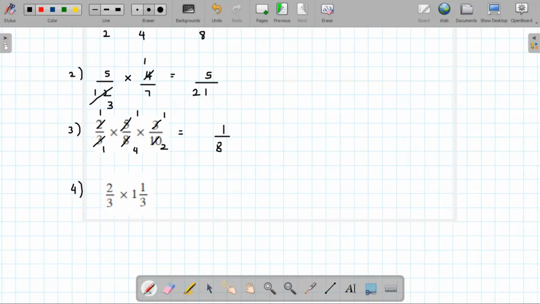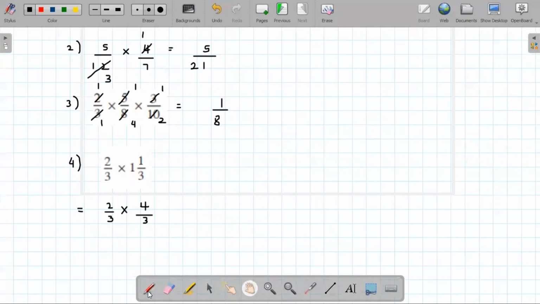The way of doing this one is 2 over 3, then we have to convert this mixed fraction into an improper fraction. 3 into 1, 3, plus 1, 4. 4 over 3.